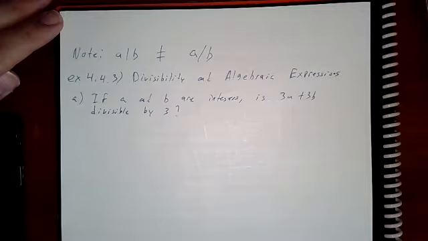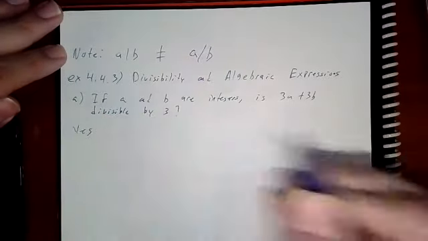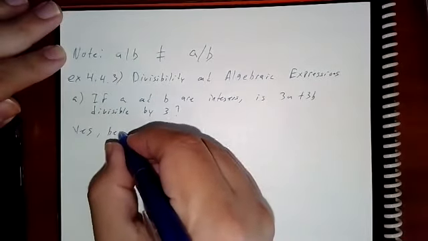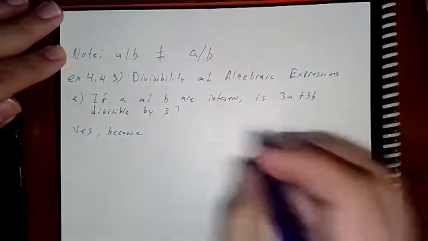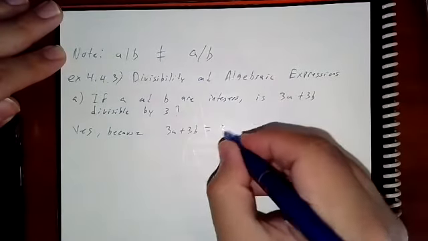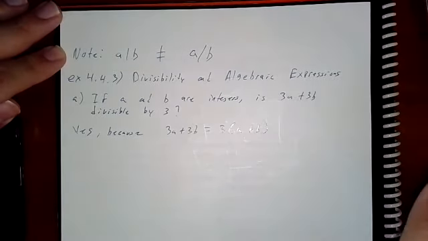Well, we can kind of see why, right? So the answer would be yes, and you would show why. Yes, because 3A plus 3B can be written as 3 times (A plus B).